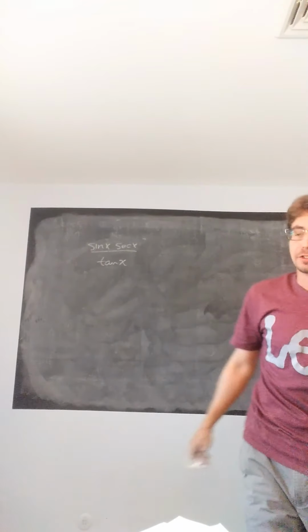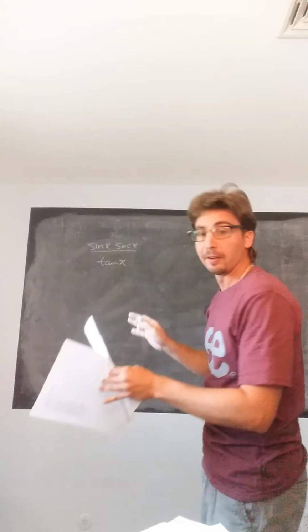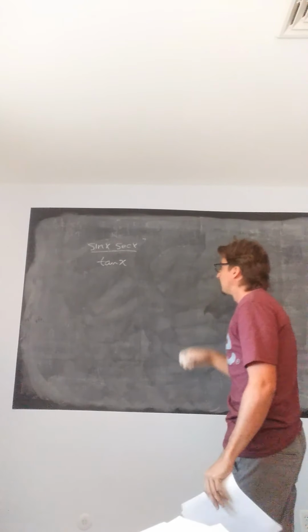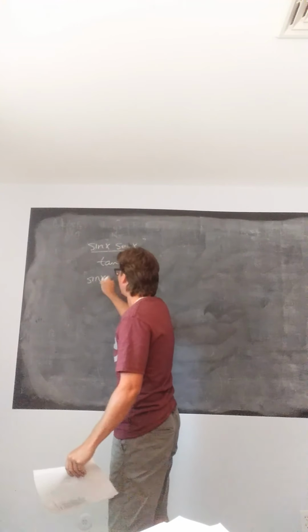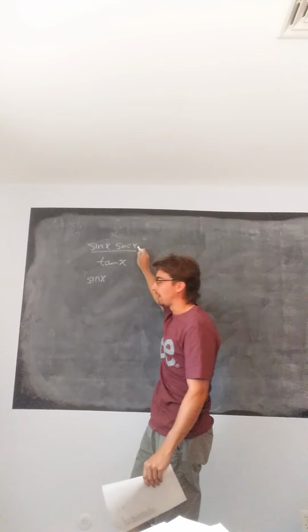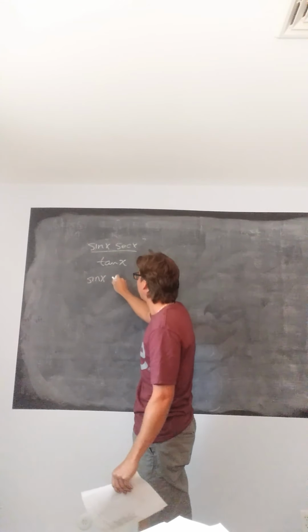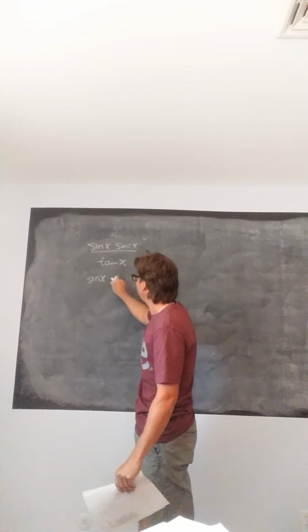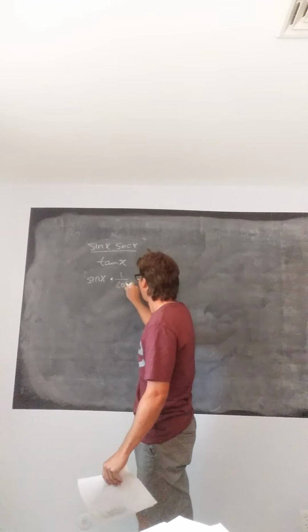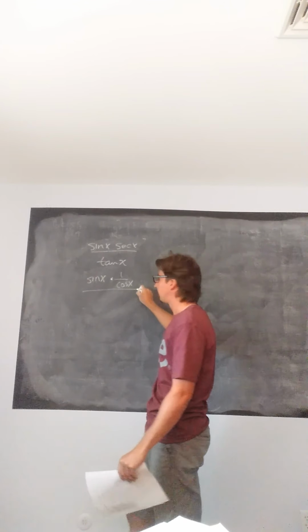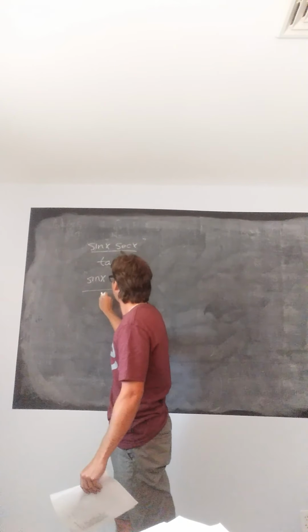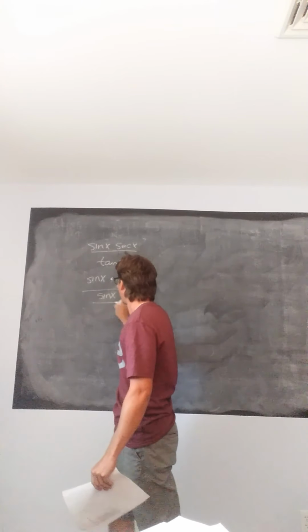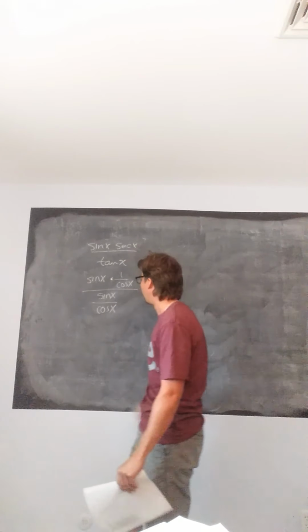Whenever you see a fraction, we hope we can get rid of it. I think we can do that here. Sine of x, nothing we can do. Secant of x, we could think of as 1 over cosine. So let's try it out. By the way, it's not always a guarantee that this will work the first time. And tangent of x is sine of x over cos x, like that.